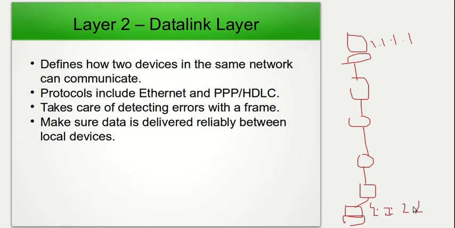The network layer will say that this packet is going from 1.1.1.1 and being sent to 2.2.2.2. The data is going from 1.1.1.1 to 2.2.2.2. So we want to send this data, and we want this data to eventually end up at 2.2.2.2. But the data link layer defines how we actually get there.